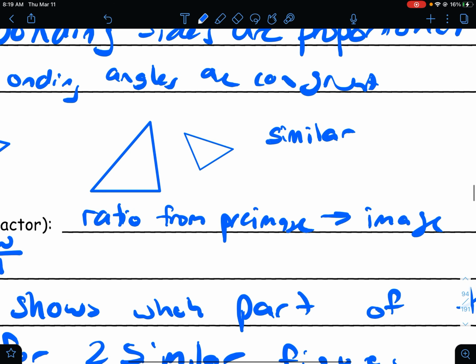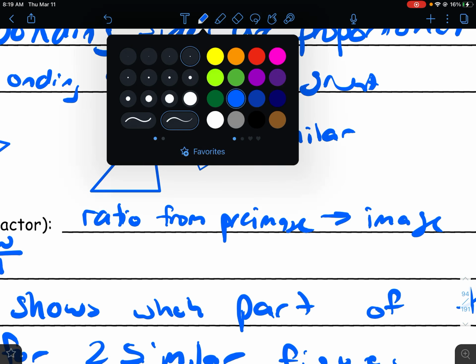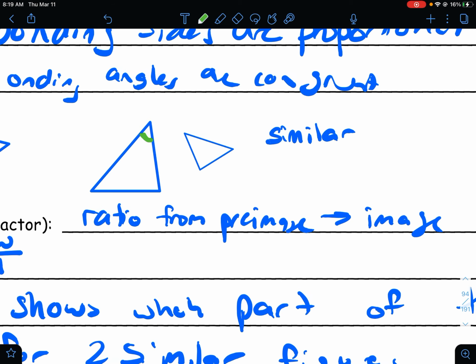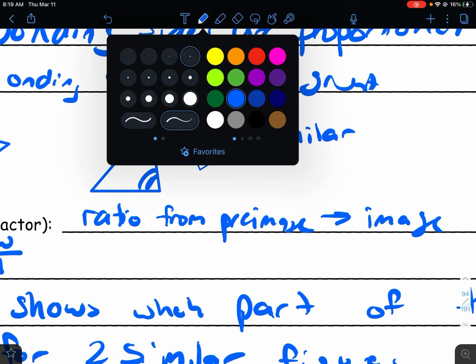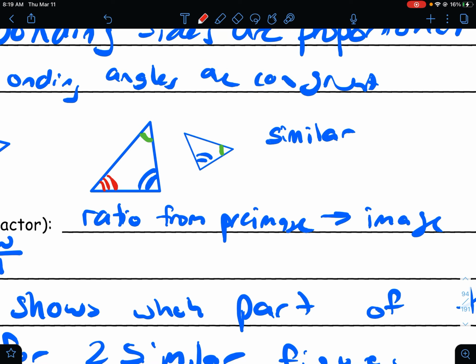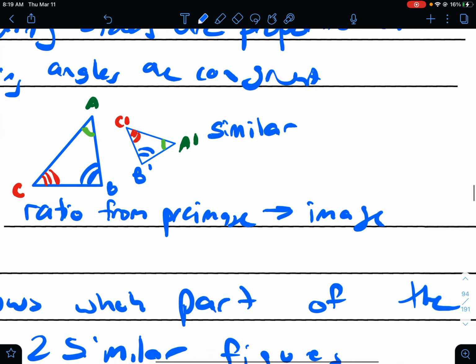So let's go up to here. We know that these angles correspond, these angles correspond, and these angles correspond. So we'll say C, C prime, A, A prime, and then B, B prime. You have to make sure that you write them in the correct order.